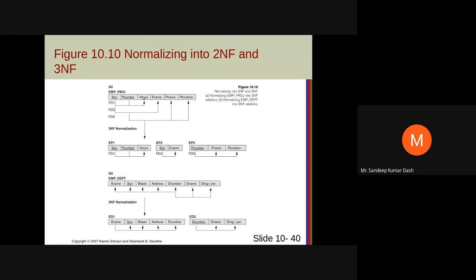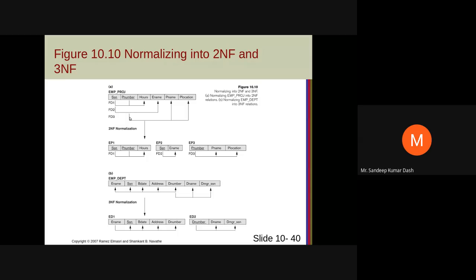Hours is a non-prime attribute, but it is dependent on both, so this is full functional dependency. FD1 is full functional dependency. FD2 is partial functional dependency, which is not allowed. Similarly, P name and P location are dependent only on P number, not on SSN.